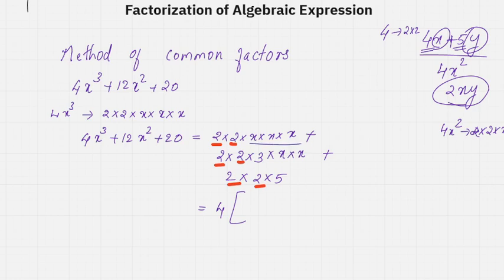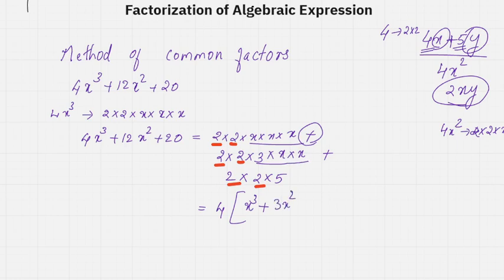So what is left out here? Here x cube is left out and in the second term, the plus symbol will directly come here. And what is left other than the common terms? We have 3 into x, that is 3x square.